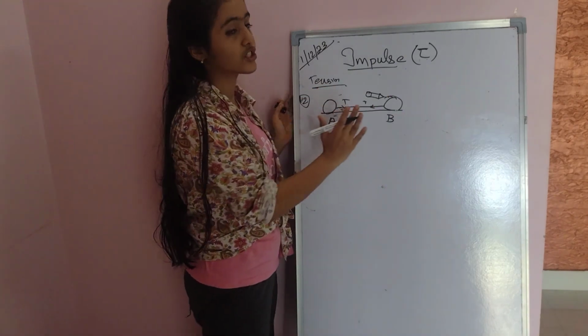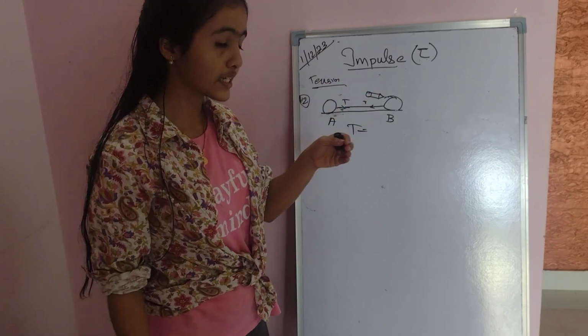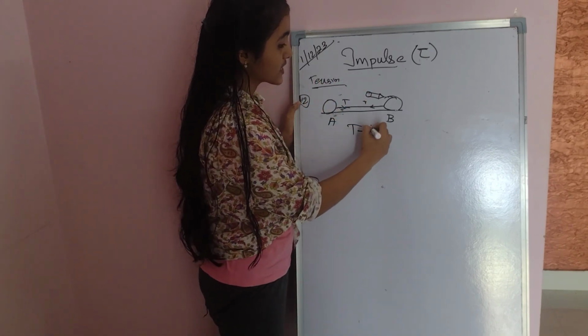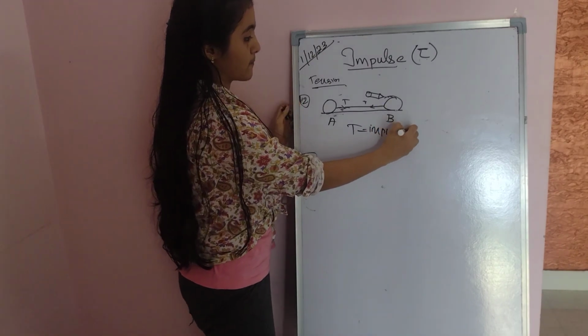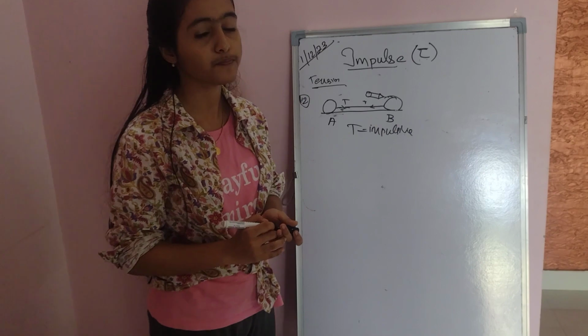As a result tension is developed, and this tension acts only when the bullet is hitting the ball B. Therefore this tension is impulsive.